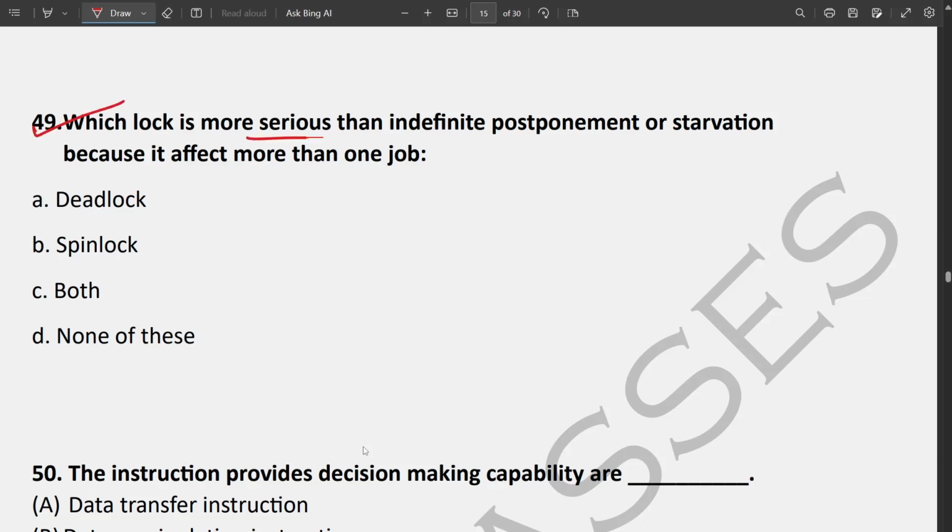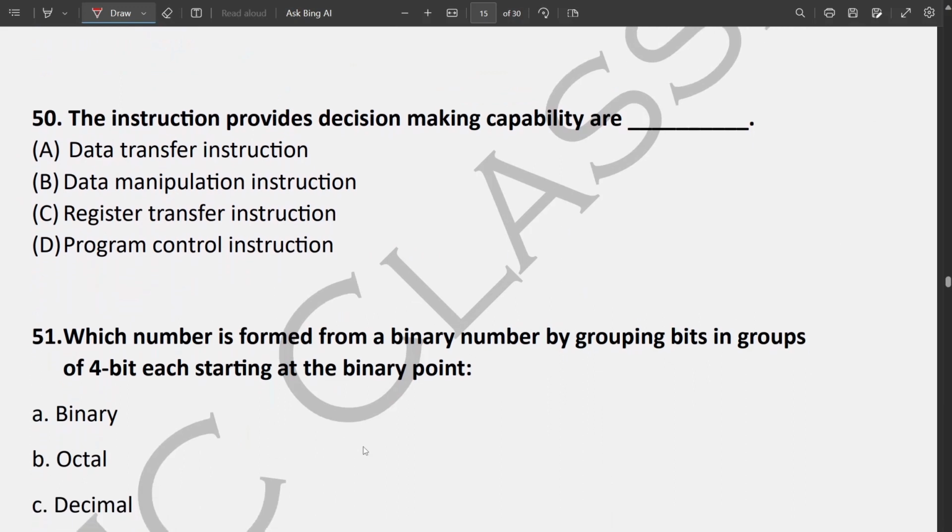Which lock is more serious than postponement or starvation because it affects more than one job? So this is deadlock. Deadlock is more serious because it affects more than one job. Next, which instruction provides decision-making capability?